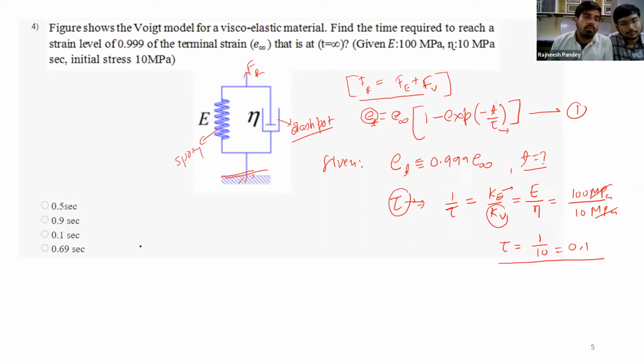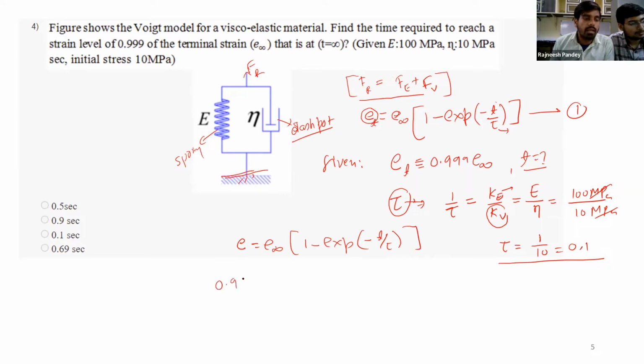Now we have the formula E equals E infinite times 1 minus e to the power minus t by tau. We are given all these values, so we just put them in.